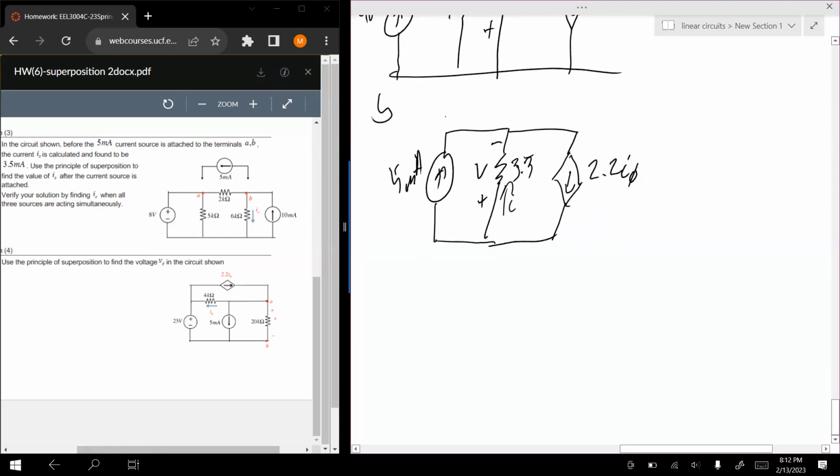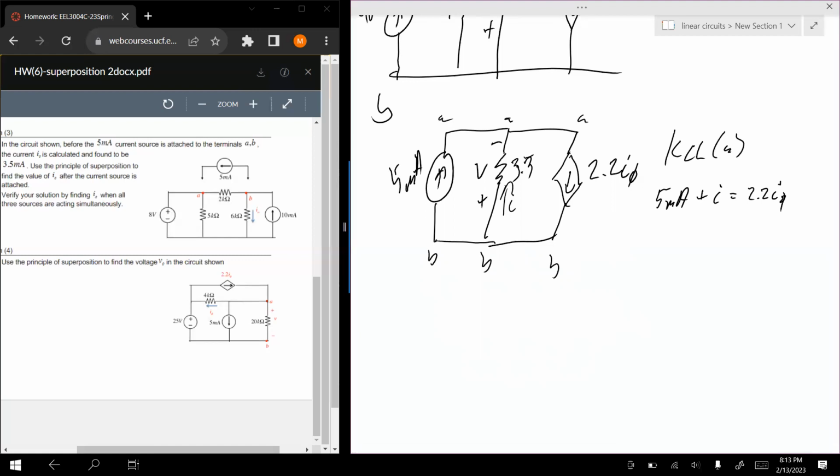Let's say this is our node A up here. This is our node B down here. Let's just KCL node A. So KCL node A is going to be 5 milliamps plus I, and then we're just going to say equals 2.2 I.